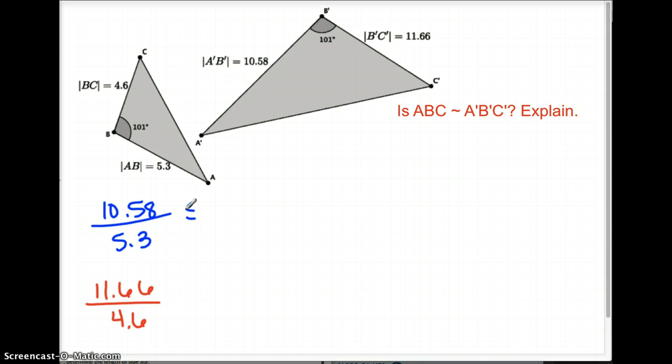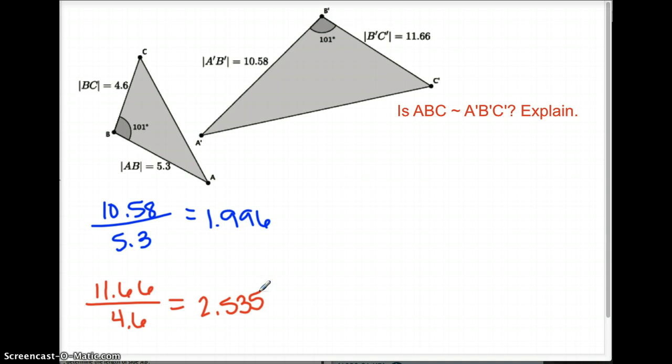10.58 divided by 5.3. And I get a pretty long decimal. I'm going to go ahead and round it here just a little bit. And then let's see if we get anything different when we divide the other one. 11.66 divided by 4.6. And you get 2.53. I'll round that up.